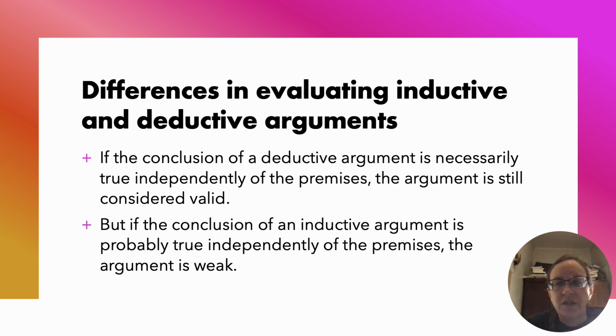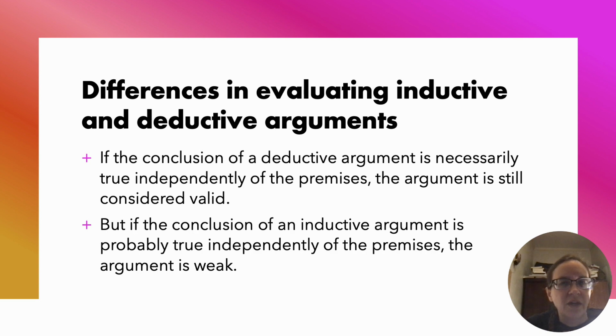The premise could be God exists, therefore 1 + 1 = 2. The premise could be there are flying unicorns, therefore 1 + 1 = 2. It doesn't matter. And this is very weird, but it's hopefully something you won't see a lot because there's no point in making that kind of argument, which is exactly why it counts as valid. But that's what he's trying to say here, and you're not going to see this in the homework, so you don't have to worry about it too much. It's just, like I said, a little strange anomaly.